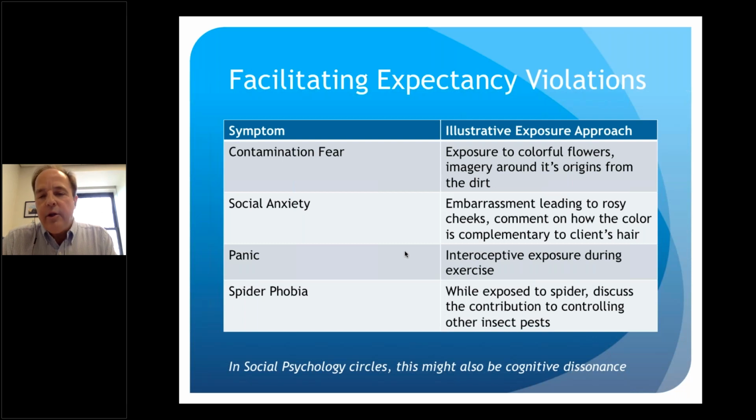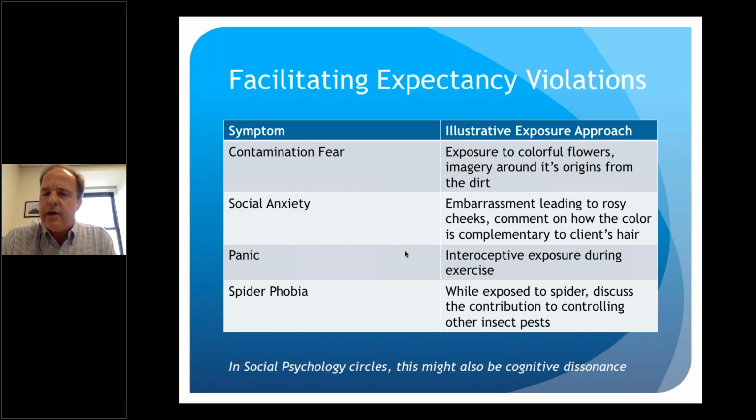In panic, you might have someone practice deliberately focusing on the interoceptive experiences during exercise. And with spider phobia, you might practice while the person is coming in contact closer and closer with spiders, and you start discussing how these things contribute to other kinds of benefits in the environment.